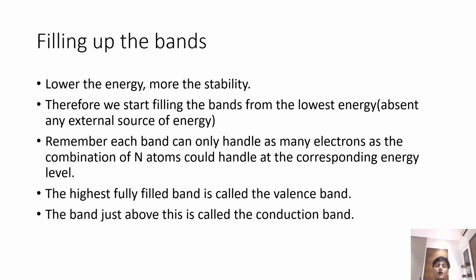It's crucial to remember that each band can handle as many electrons as the combination of n atoms could handle at the corresponding energy level. What I mean by this is that if you have, say, the third energy level of n atoms coming in and combining to form a band, and the individual atom could take 8 electrons in its third energy level, I'm just giving an example, then this energy band will actually have 8 times n discrete energy levels.